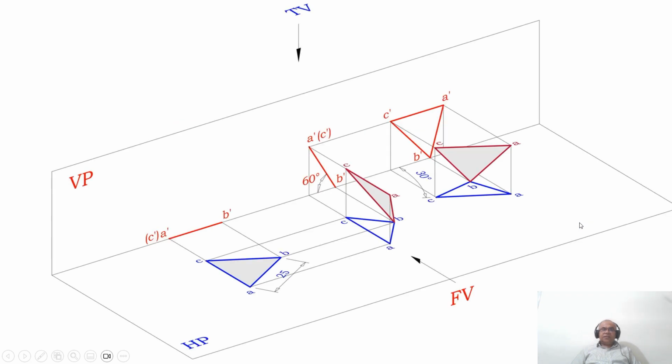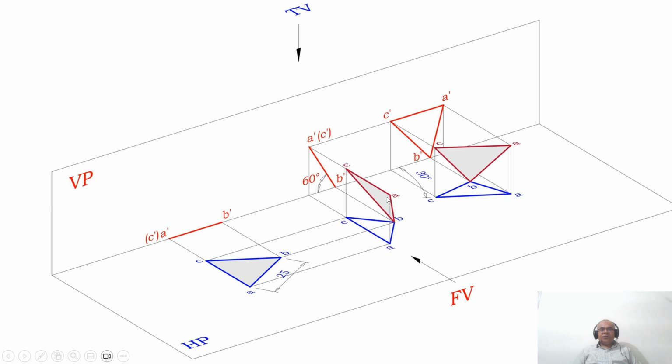Now, he says the side opposite to the corner is making an angle of 30 degrees. So what I am doing is rotating this surface such that AC, which is still perpendicular to VP, becomes inclined to VP at 30 degrees. I am rotating that in space like this. Once you rotate like this, this AC is inclined to VP.